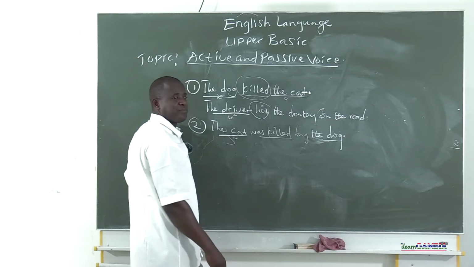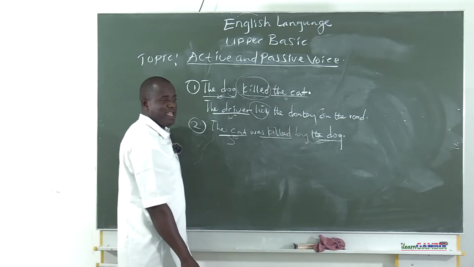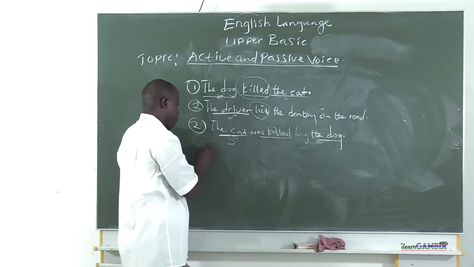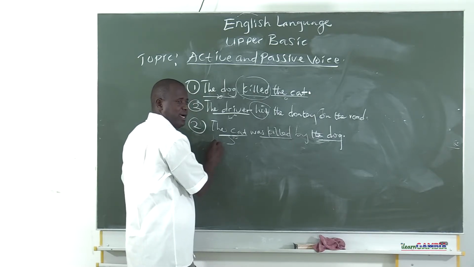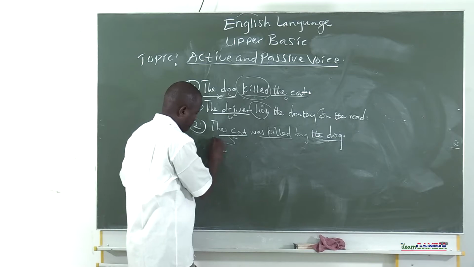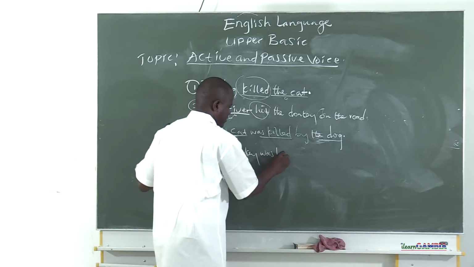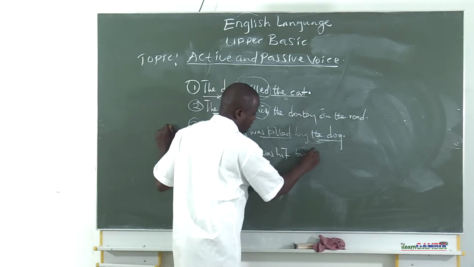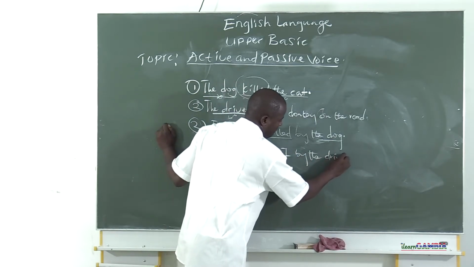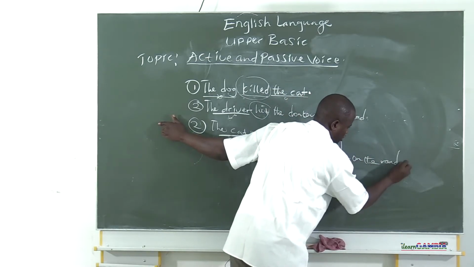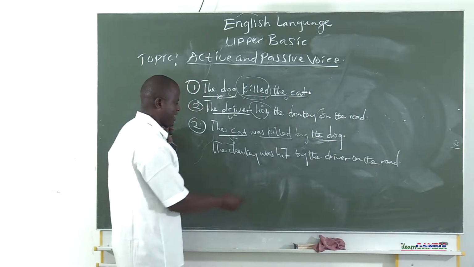So we move on. The donkey was hit by the driver on the road. Now let's take sentence 2, and we also take this other one. The donkey was hit by the driver on the road. Where's the subject in this sentence?